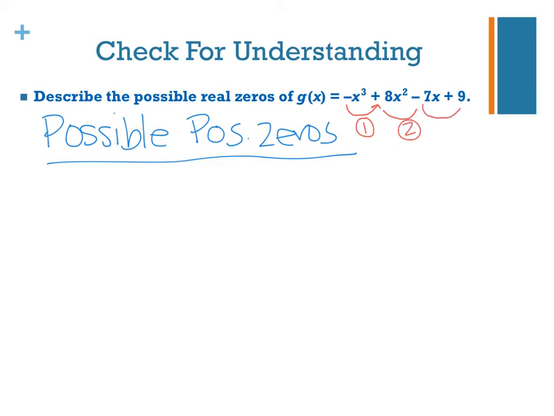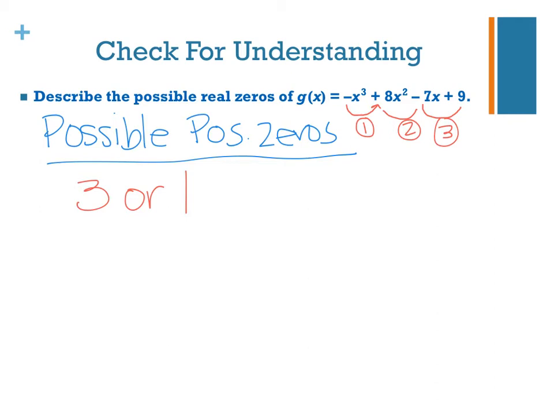And when I move from negative 7x to positive 9, that's a 3rd sign change. So it is possible that we have 3 positive zeros, or we can decrease that number by an even quantity. An even quantity would be 2, so if I decrease that by 2, I could get 1.